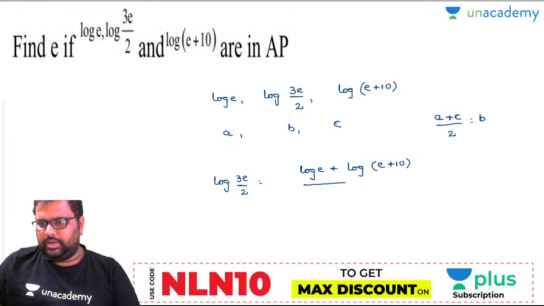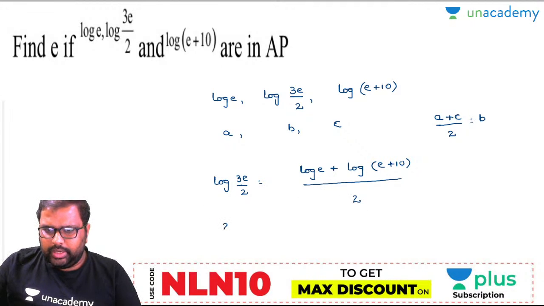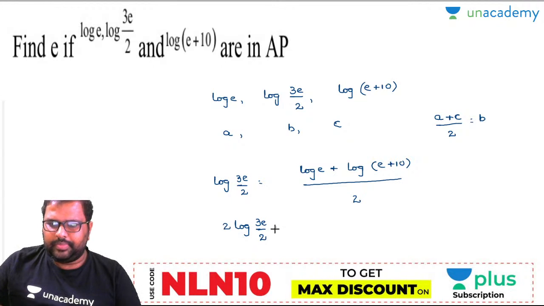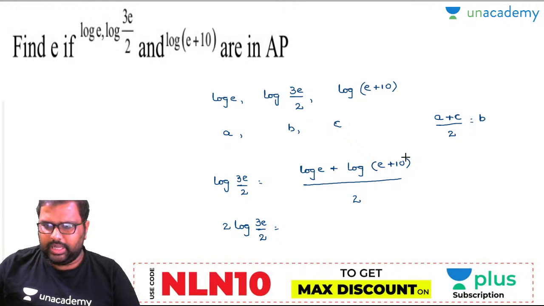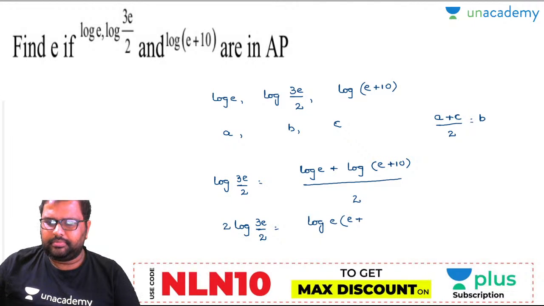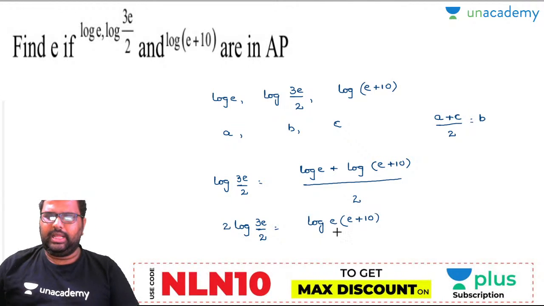So can I write down directly like this? Because here this 2 will go like this, 2 into log 3e by 2, sorry. So this is in the format of log m plus log n. So finally I can write down this as log m into n, e into e plus 10. So finally can I write down like this?